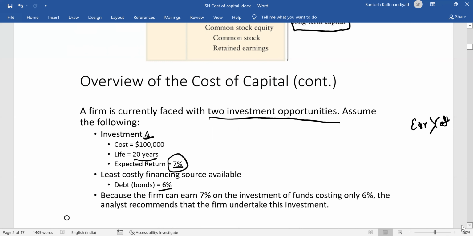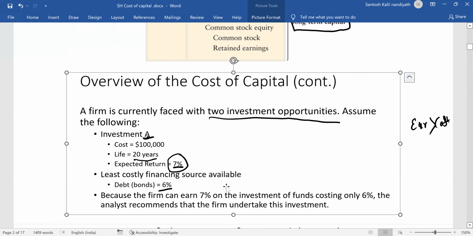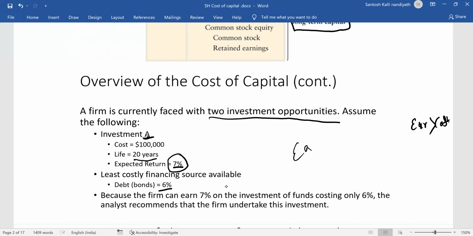What do you think? Will you accept this investment A or not? I think no. I mean, it's perfect, we can accept it. If it is a new company, whatever earning there would be, you should accept it generally, and earning is greater than the cost.